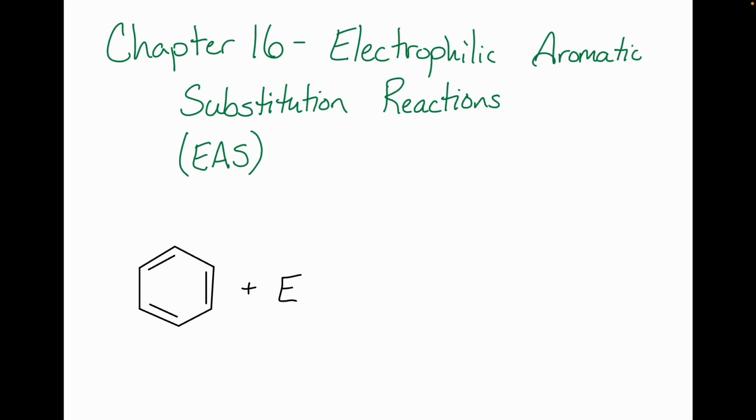Electrophiles, do they have a lot of electrons or not a lot of electrons? No. So the best electrophiles have this positive charge. If this is our electrophile, what is benzene playing the role of? The nucleophile. And so what we're going to see is a substitution reaction where that electrophile replaces one of the hydrogens on our benzene ring.